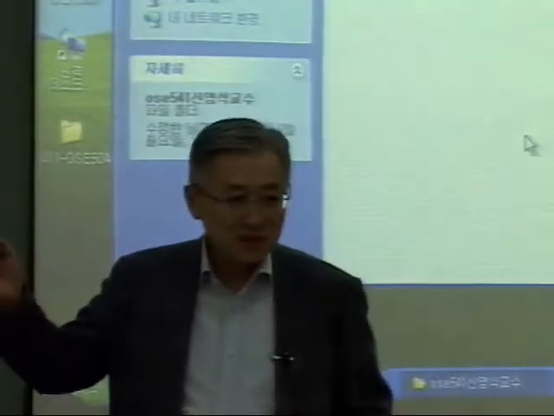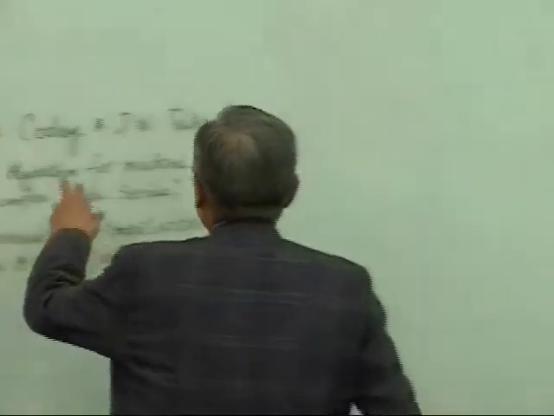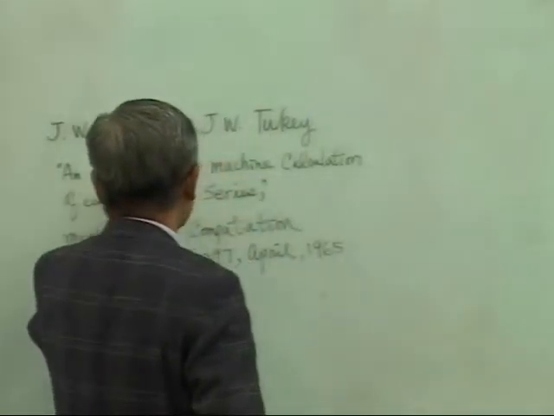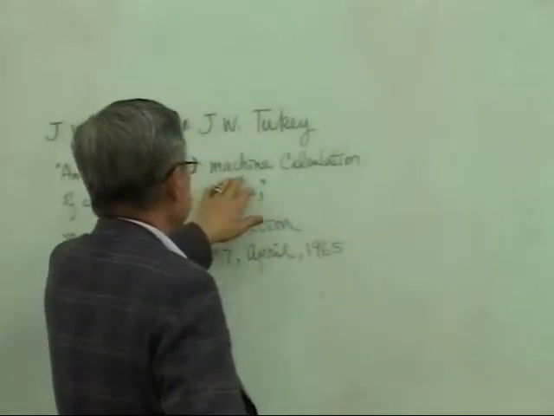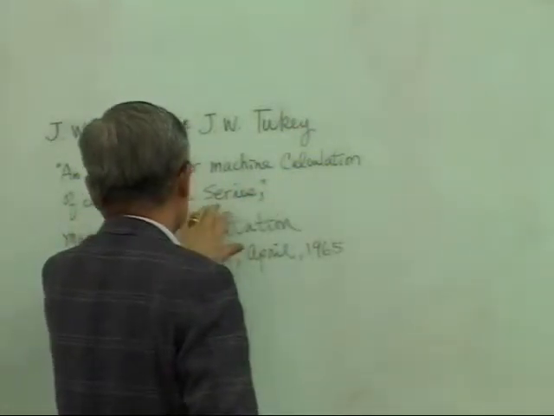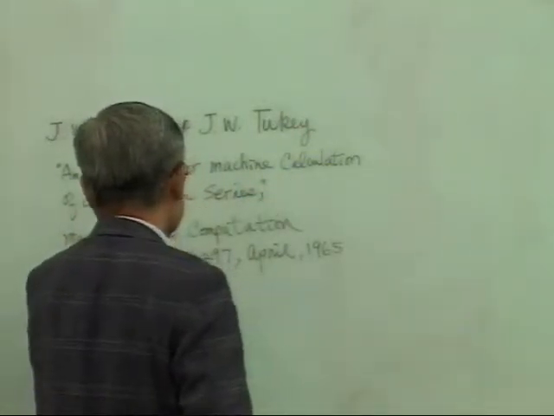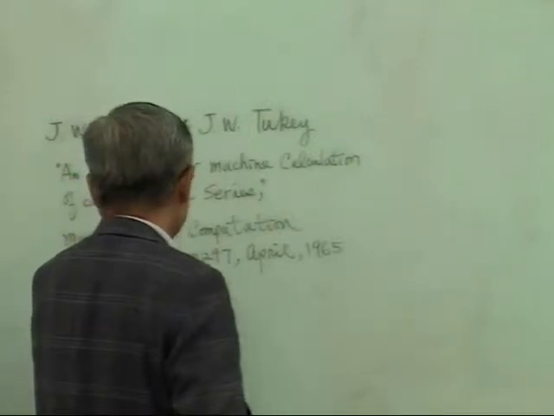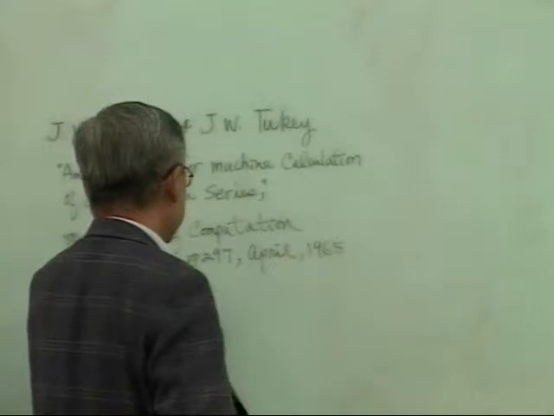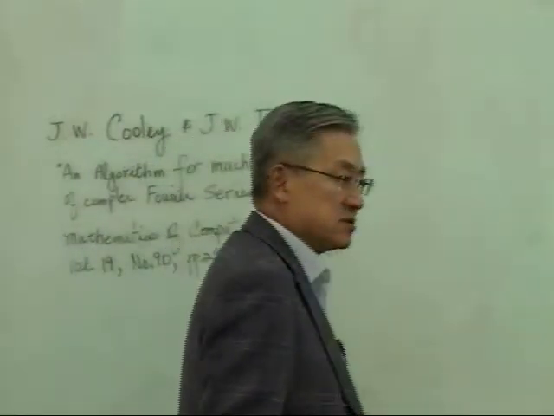Can you see? It's so small. Can you see this? Cooley and Tukey, An Algorithm for Machine Calculation of Complex Fourier Series, Mathematics of Computation, and this is the journal name, the volume number, page, 1965.